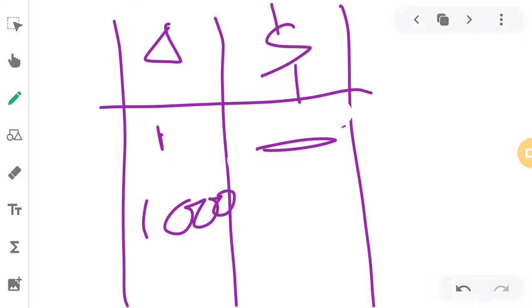Here is a large difference between 1 and 1000.